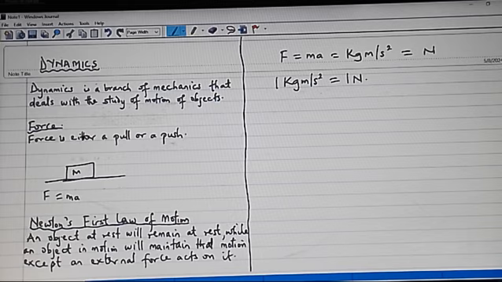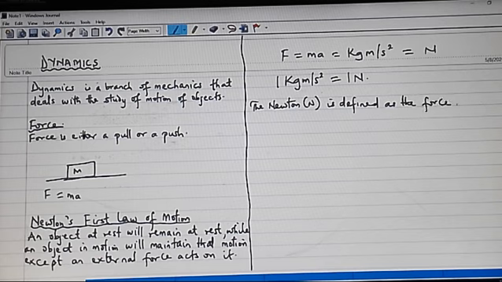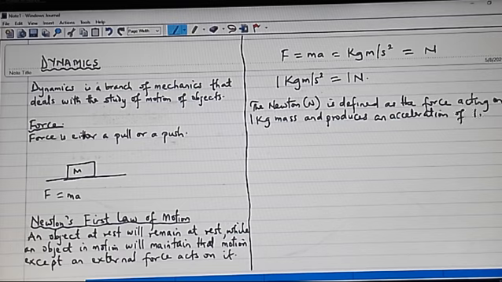So we can define a Newton as the force acting on a 1 kilogram mass that produces an acceleration of 1 meter per second squared.